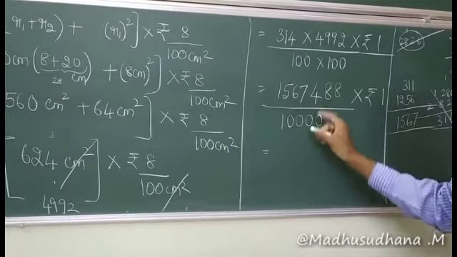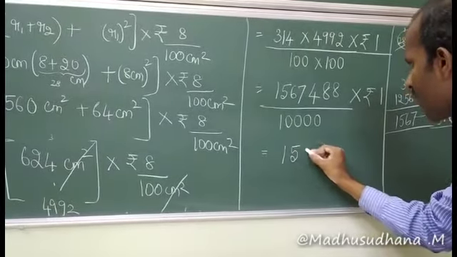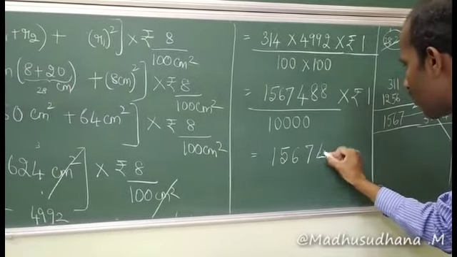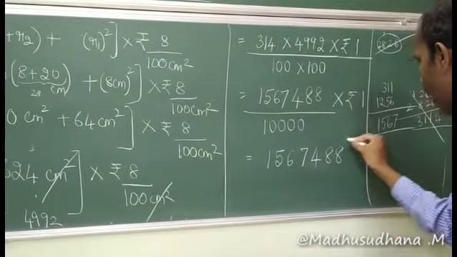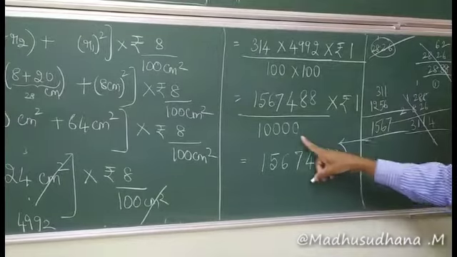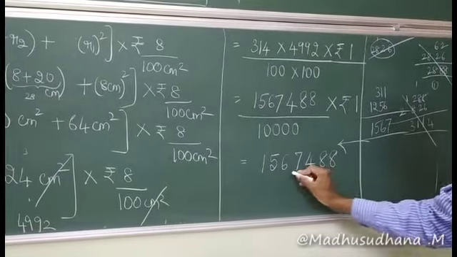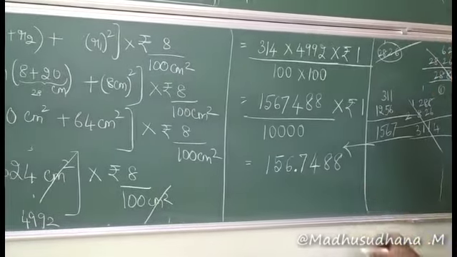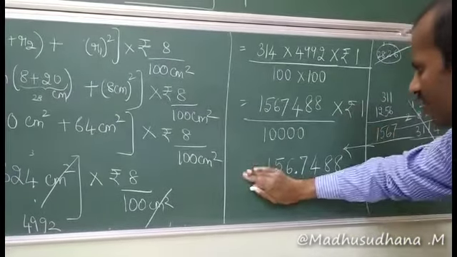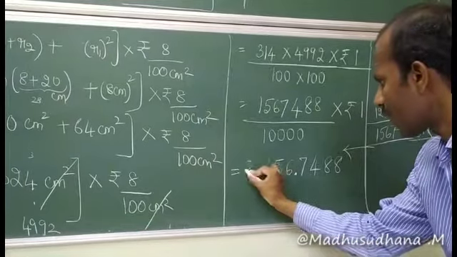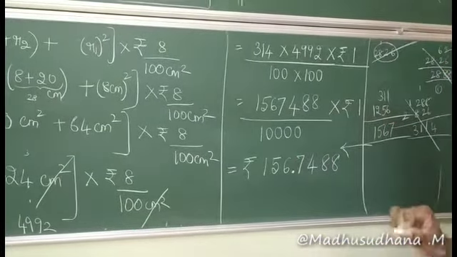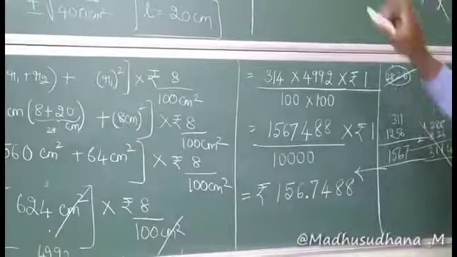So let me write this number, 1567488, arrow mark from this direction. You have 4 zeros, therefore 4 digits, 1 2 3 4, 156.7488 rupees. So what we need to find is the cost of the metal sheet container, right?